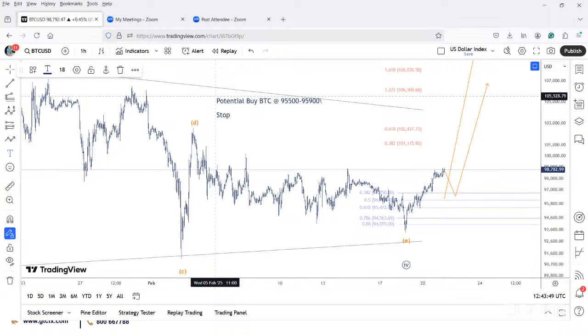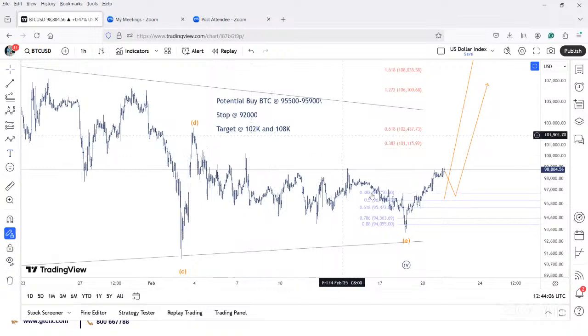Recommended stop goes below 93, so let's put it 92. And the target potential remains 102K and 108K going forward. All right, sir. So that is the fourth high potential trade setup and fifth for the day for the session.